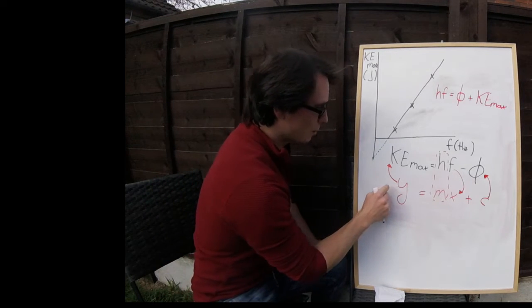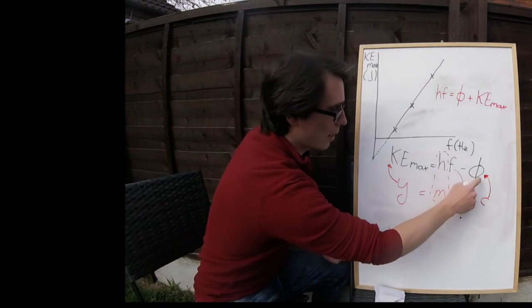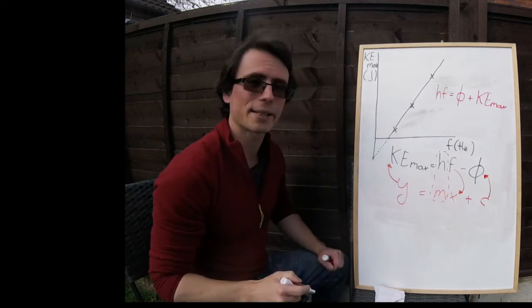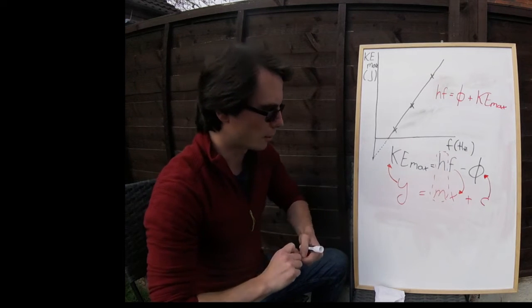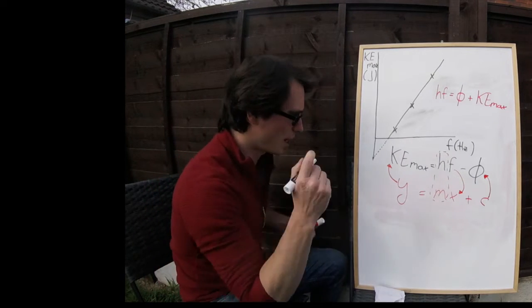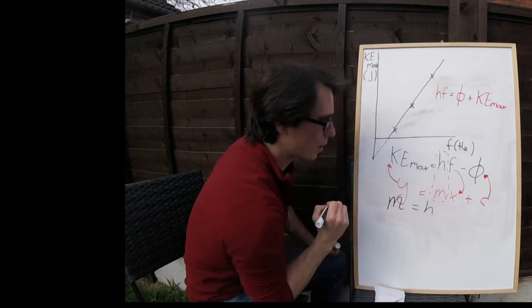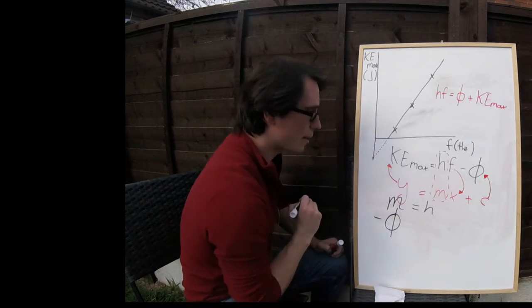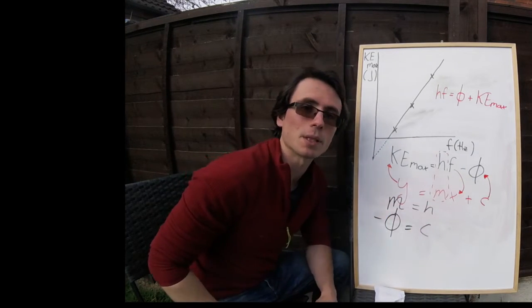So once again, we've got kinetic energy on the y-axis, we've got phi as our intercept, we've got the frequency on the x-axis, and Planck's constant is our gradient. So let's just write this down. In this case, our gradient m is just Planck's constant, and our negative work function is our intercept c.